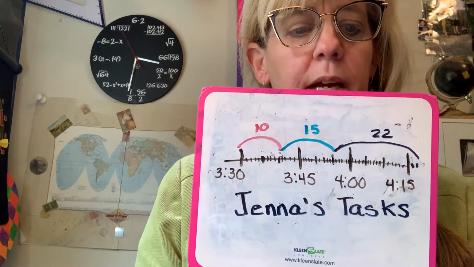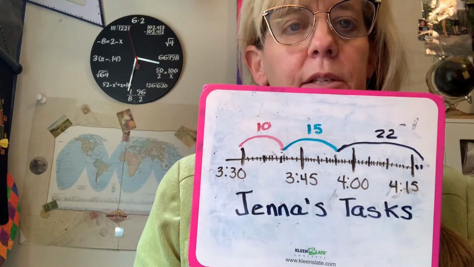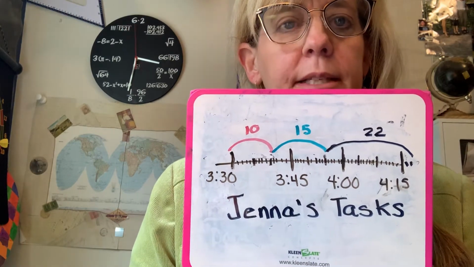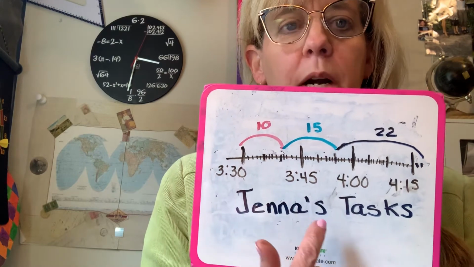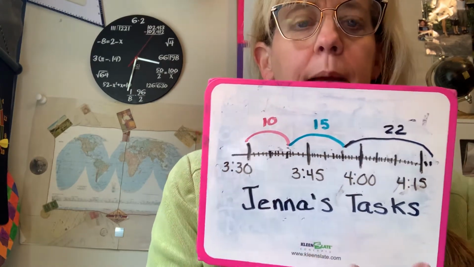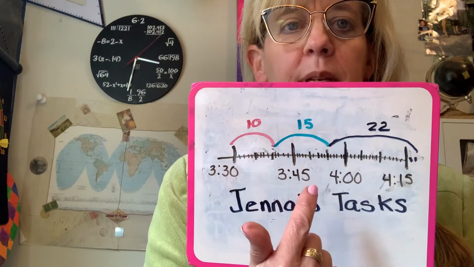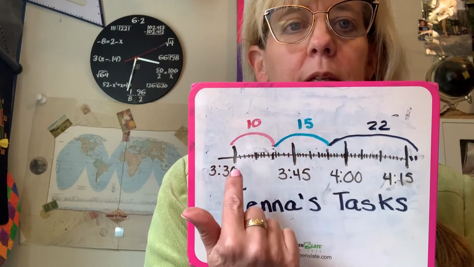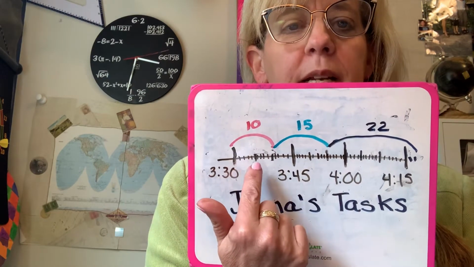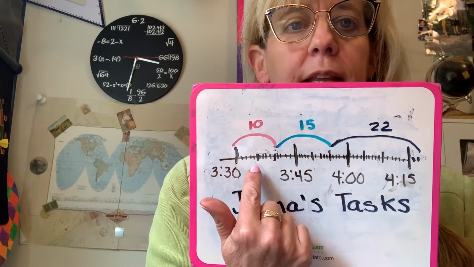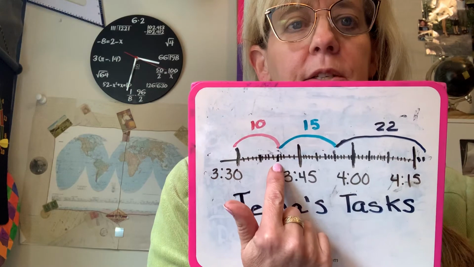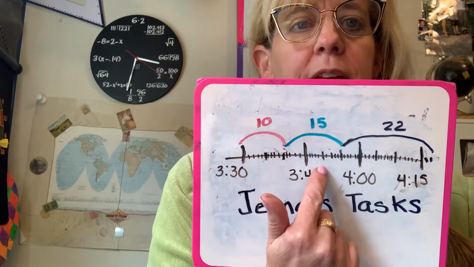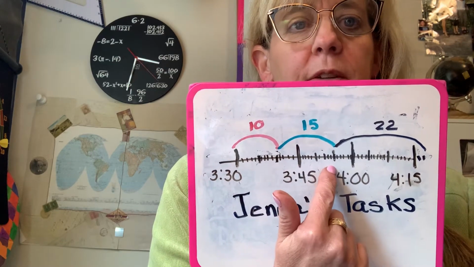So she spent time doing these 3 tasks. So they're showing it on a number line, and this is how you would do it. So you would make hash marks every 15 minutes with the time, and then between those 15 minutes there are little smaller hash marks for each minute, and then every 5, so you can tell that that's 5, 10. So the first thing she did was 10, the next one was 15, so you can see that there's 5, 10, 15, so that means that we're at 35.